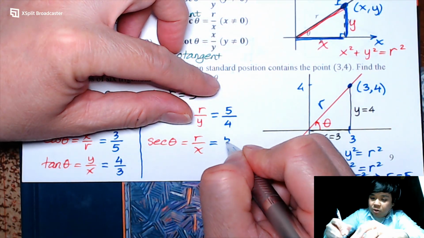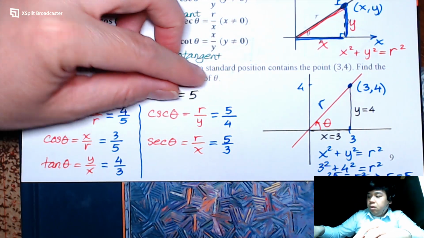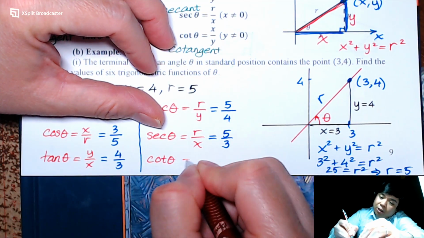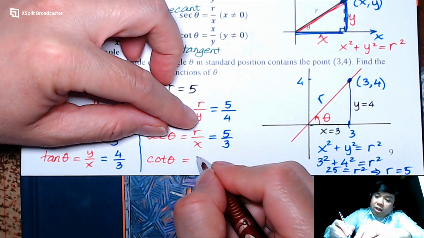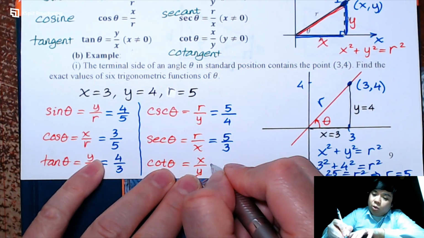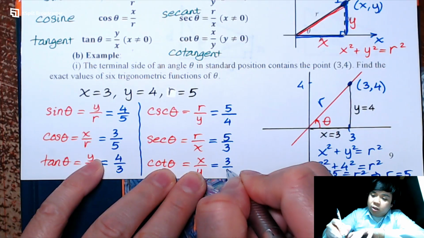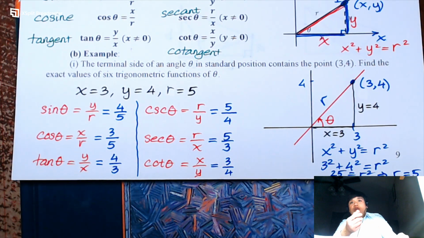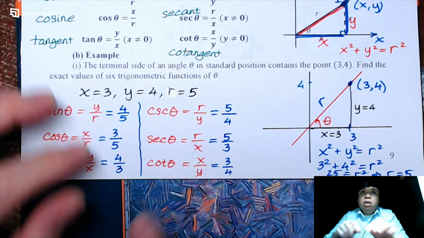So just a ratio. And cotangent is x over y, which is 3/4. Okay, so that's just a ratio. I'll just have to memorize these ratios.